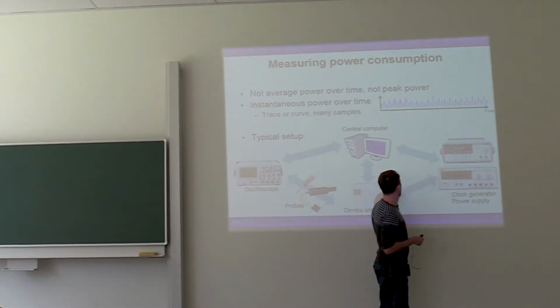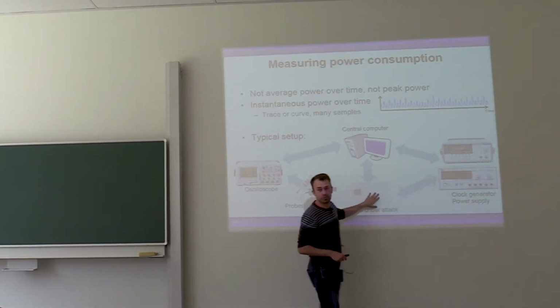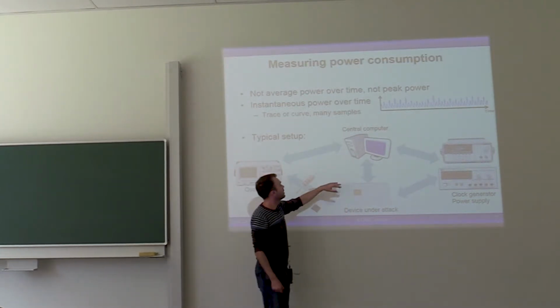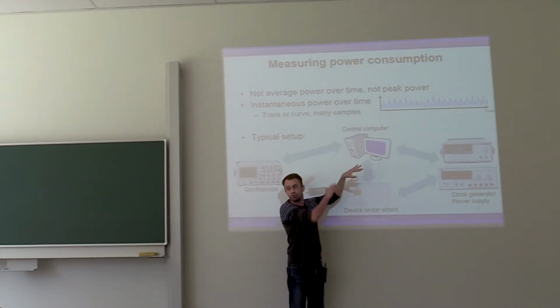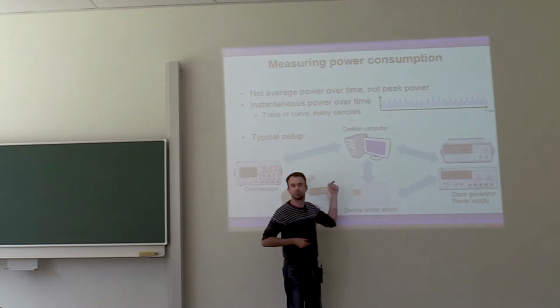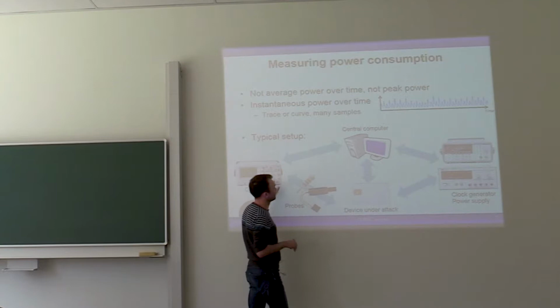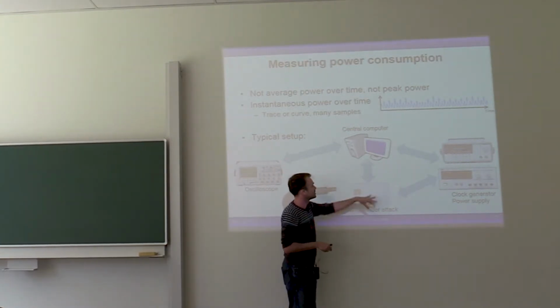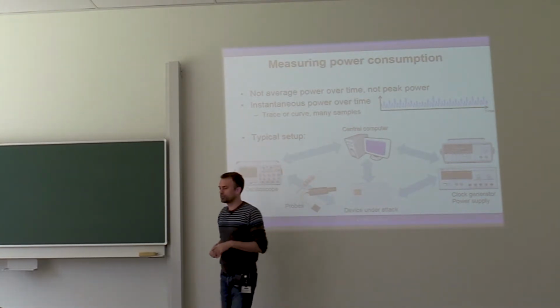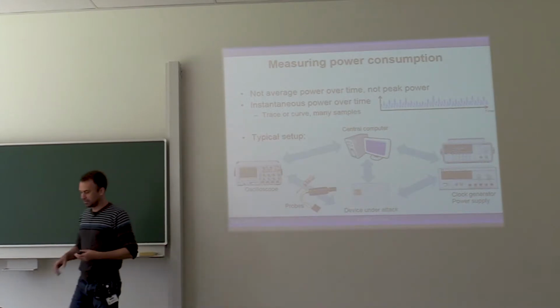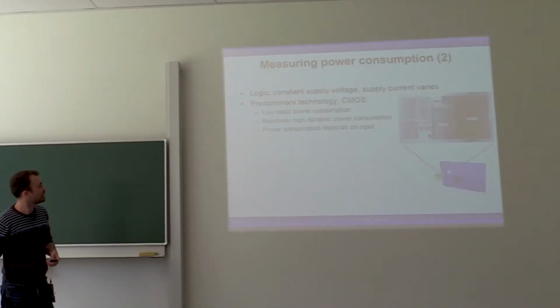We'll probably have to provide power, maybe some other signals to the device that we want to run. Then we need a computer to control and orchestrate everything, because we don't want to sit in the lab for many years pushing buttons. And then with such a setup, we can start to do some analysis and get some data.